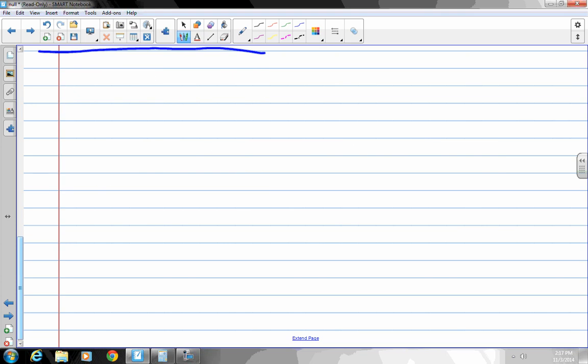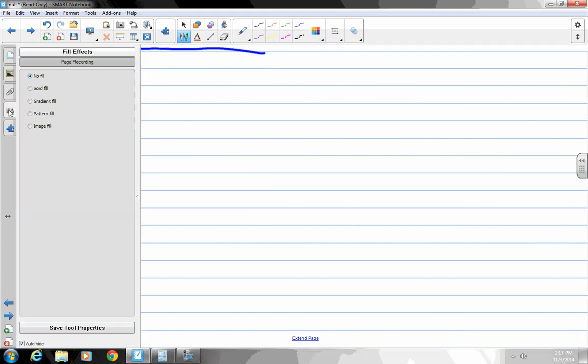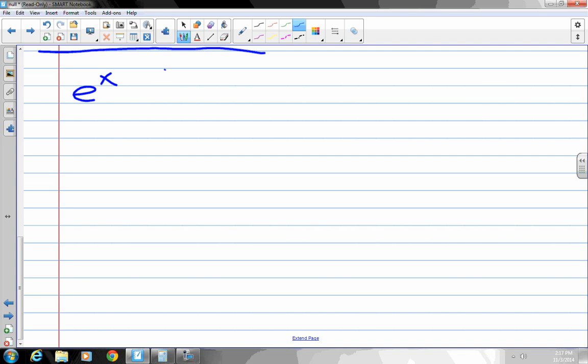Let's do a fun one. So I have e to the x, and then I have e to the negative x, and then I just have a random constant on the end.